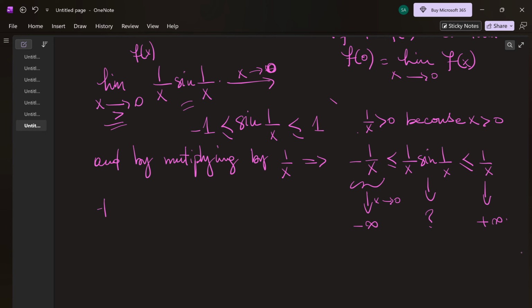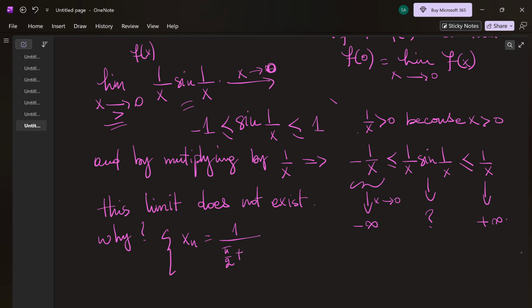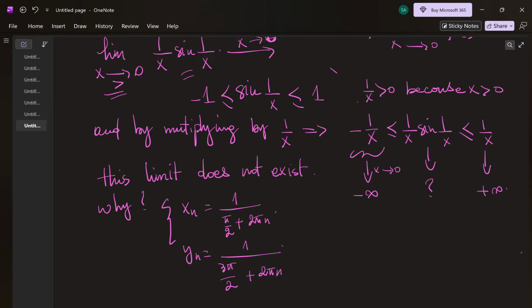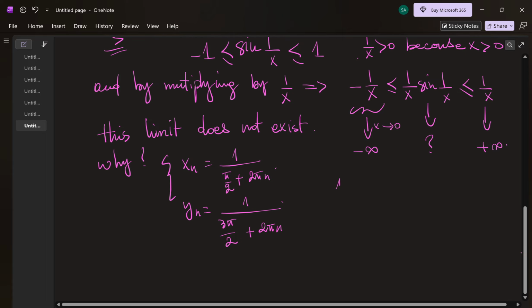So this limit does not exist. Why? Because we can define two sequences: xn is equal to 1 over (pi over 2 plus 2 pi n), and yn is equal to 1 over (3 pi over 2 plus 2 pi n).